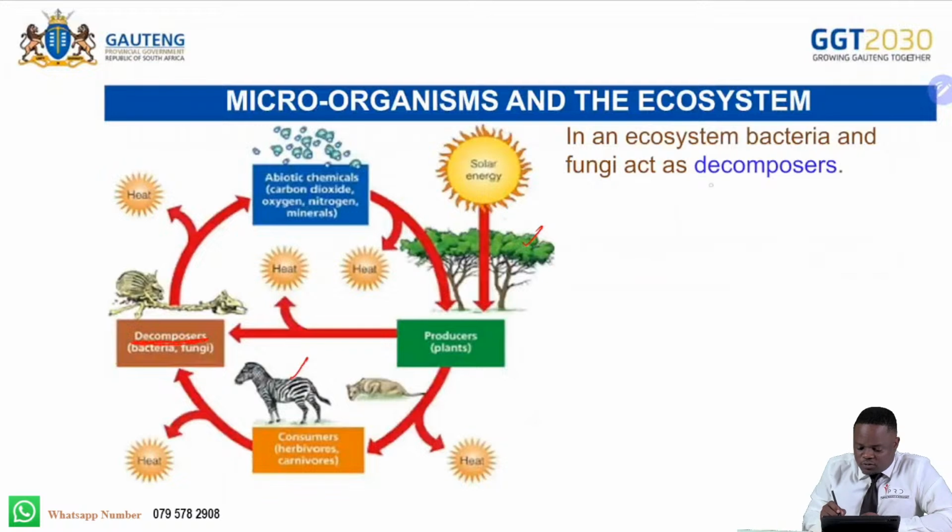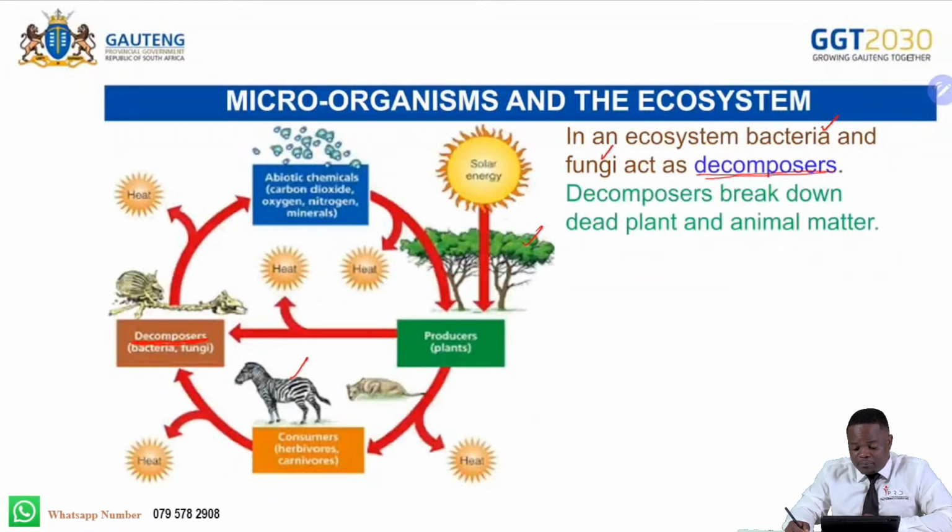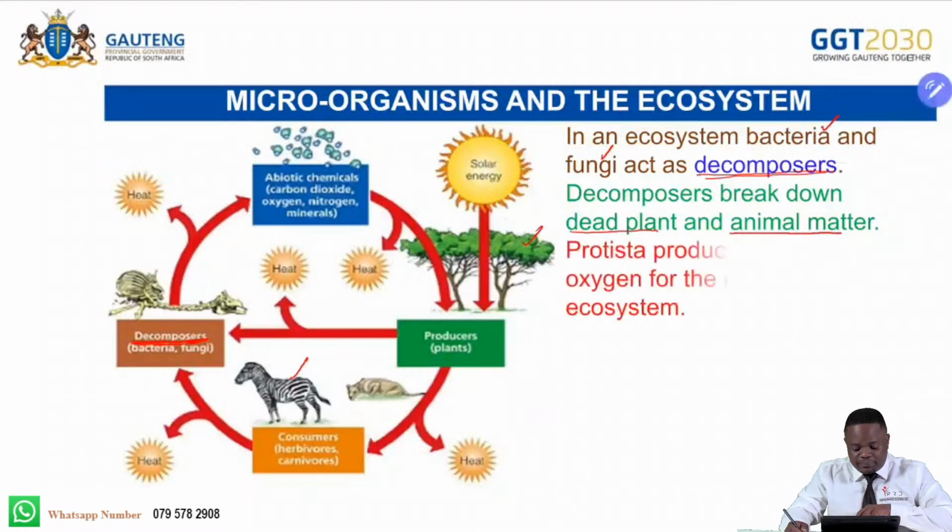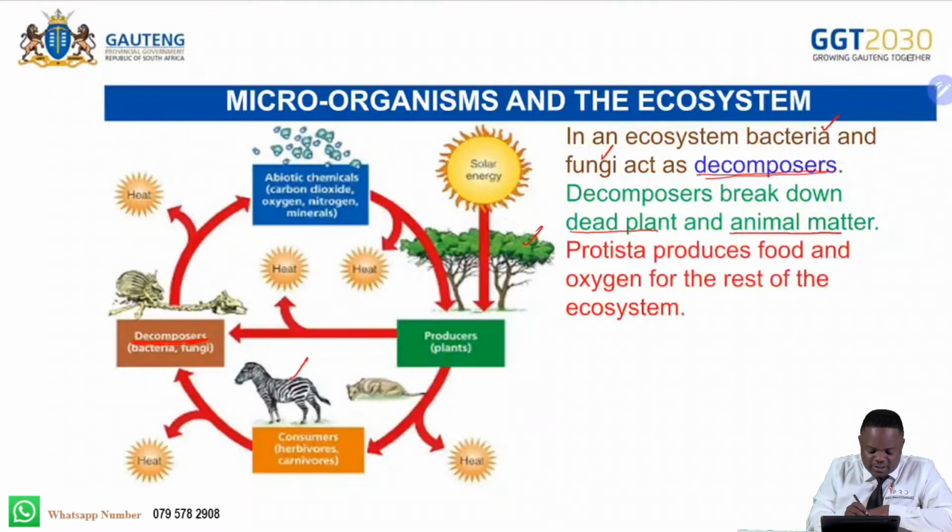So we're saying their role, they are decomposers, that is our bacteria and our fungi. They act as decomposers, and they are going to break down the dead plants and the animal matter. In the process, they are going to release some minerals into the what? Into the environment.